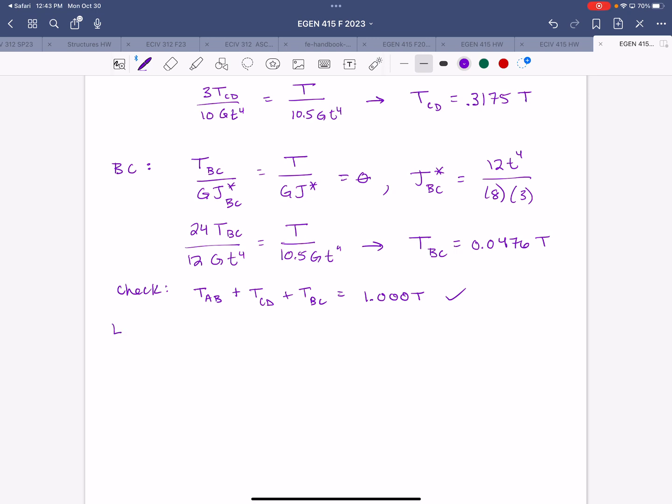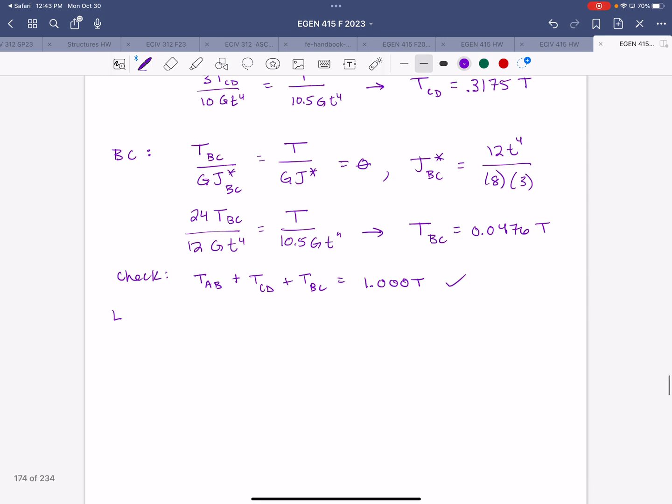So then the question was asking for the maximum shear stress in the section. Yeah, that's all it was asking for, the maximum magnitude of the shear stress in the cross section. All right, we're gonna do a little bit more than that, but go ahead and note the largest shear stresses. So we'll calculate the largest shear stress in each individual segment.